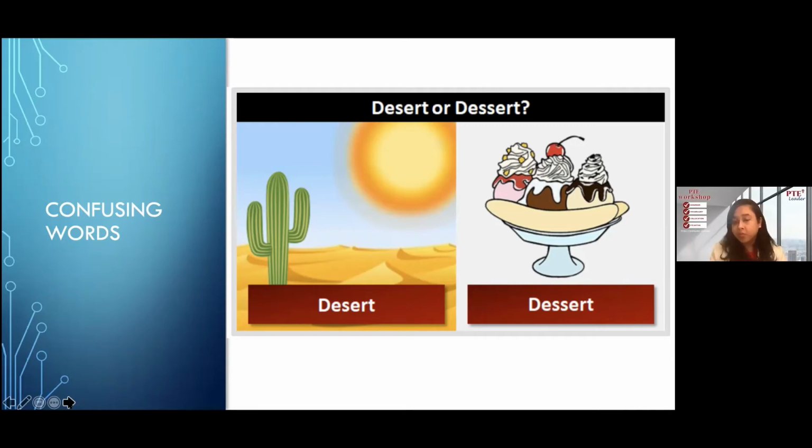So context is important, and knowing that there are two spellings of the same pronunciation in English is also very important, because if you're not aware of these differences, you will just listen to anything and write something else. So yeah, desert or dessert is a very important thing and very confusing as well.